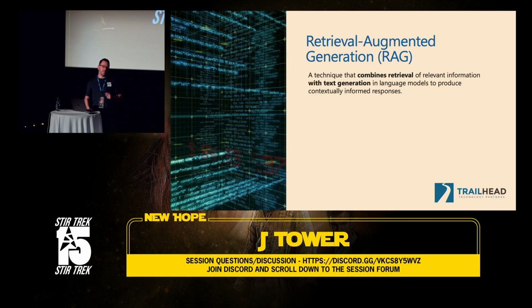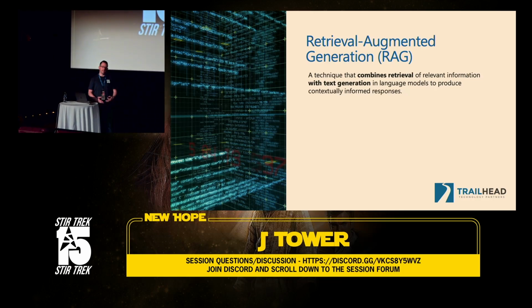You've probably also heard this term recently, RAG, which is retrieval augmented generation. This is a type of AI that combines the retrieval of relevant information, usually from some sort of corpus of documents, along with text generation to answer questions in some sort of context. So for example, your organization might have a body of documents like employee reference manuals or reference information about things like your benefits and how you request time off.